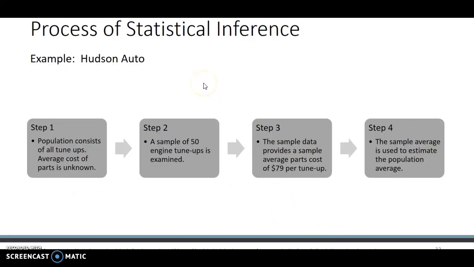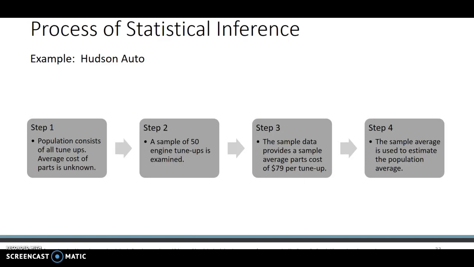There is a process of statistical inference. Step one, and you must know these. Population consists of all tune-ups done at Hudson Auto. The average cost of parts is unknown. So population consists of all tune-ups. We don't know the average cost of the parts.